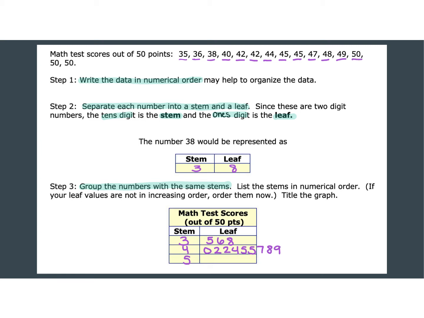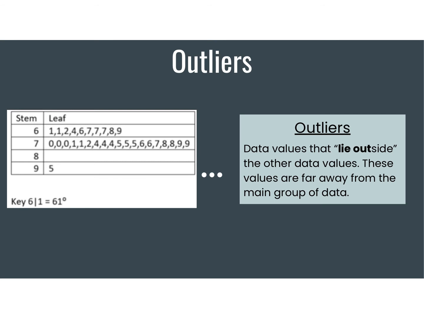Last, I have 3 test scores at 50, so I will have 3 zeros for my leaves to represent those 3 50s. We can find outliers in a stem and leaf graph. Outliers are data values that lie outside the other data values.